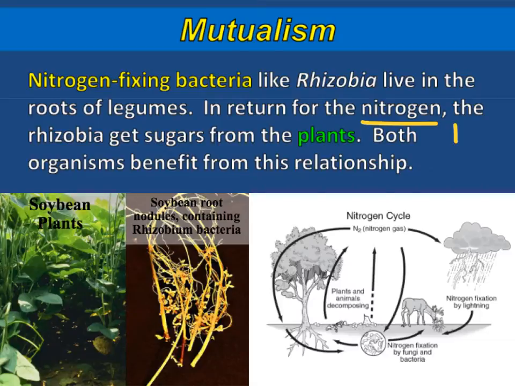So since bacteria give plants nitrogen, plants also give the bacteria sugars. So on number 1A, the answer is sugars. Plants give nitrogen-fixing bacteria sugars.